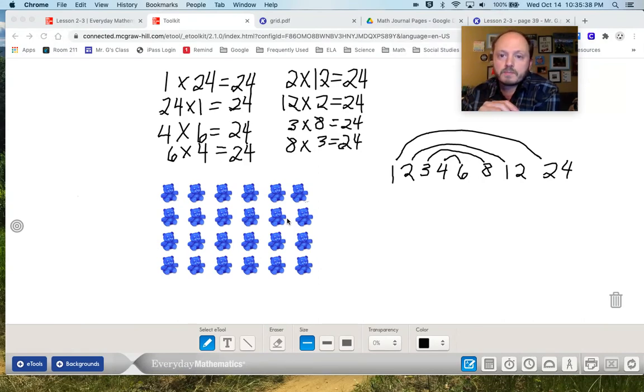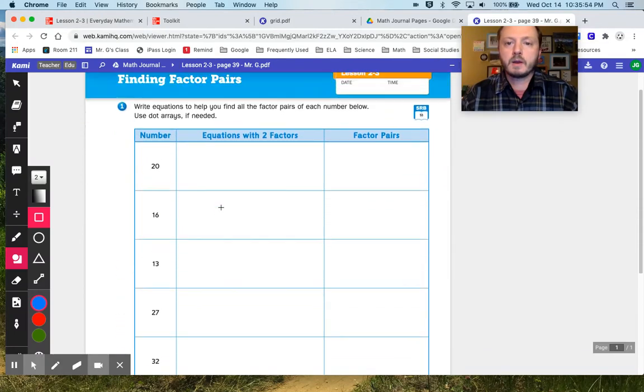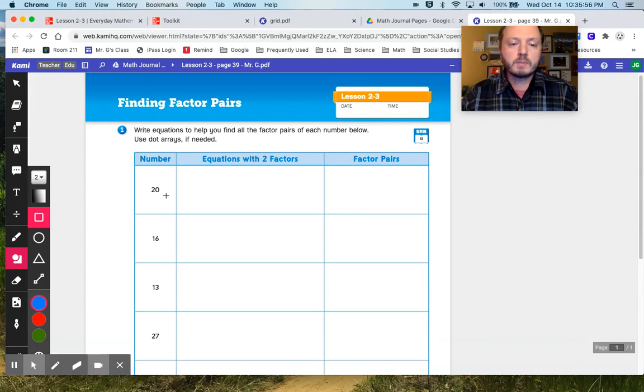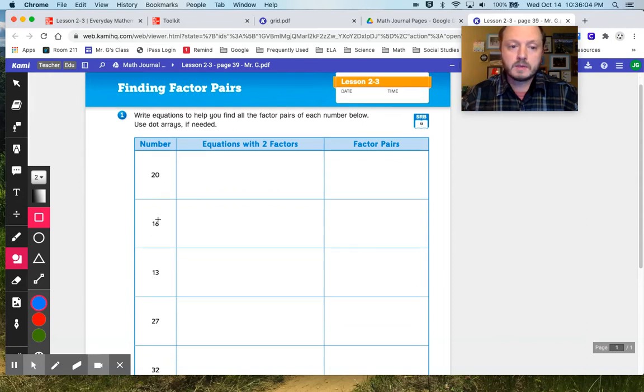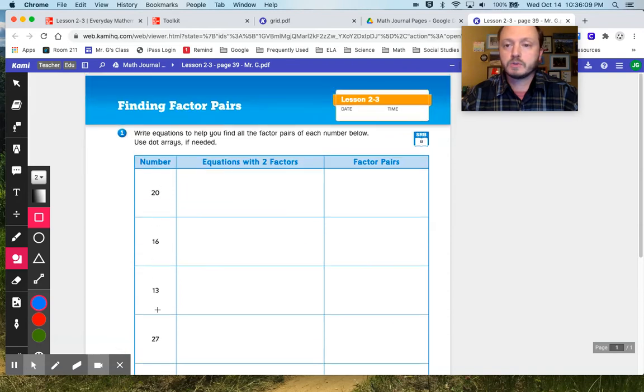So what I'd like you to do is take a look at our journal page, page 39, and I want you to think about what are some equations or factor pairs that make these different numbers: 20, 16, 13, 27, 32.